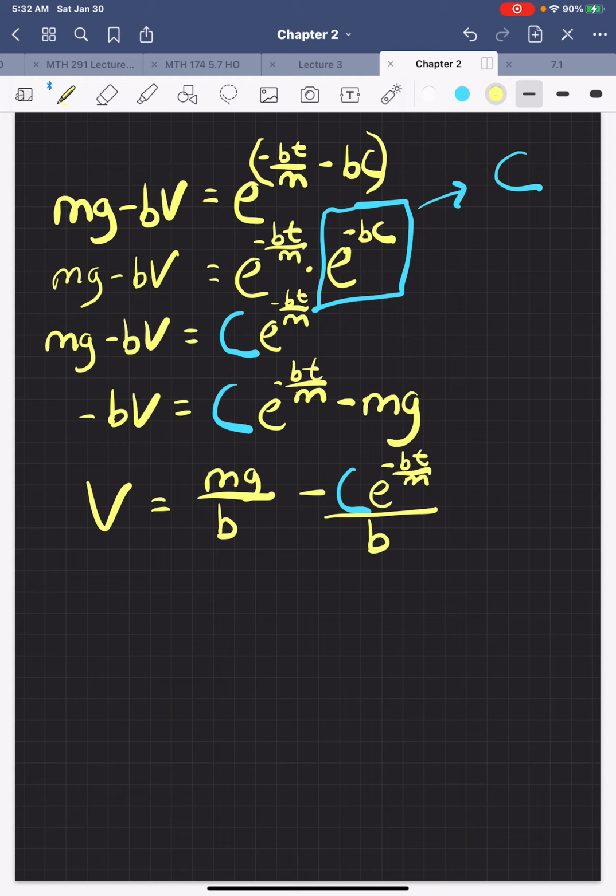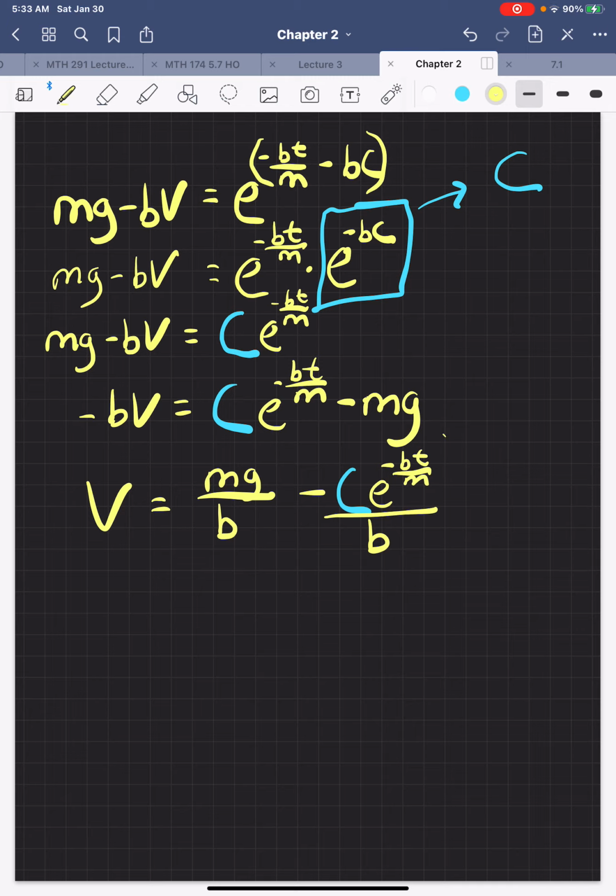Let me just stop, reflect, make sure I haven't done anything silly. So if I divide by negative b here, that negative and negative would make this a positive, okay? So this is a positive, I divide, so that becomes negative. And assuming that I haven't written anything silly, there you have it.